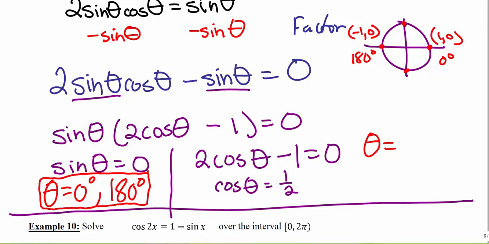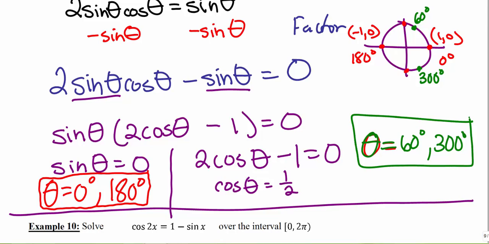So we want cosine is a positive 1/2, and that would be the 60-degree angle family in quadrant 1 and then also in quadrant 4. So we get 2 angles for theta here. We get 60 degrees and 300 degrees. So we have 4 solutions, 0, 180, 60, and 300 degrees.